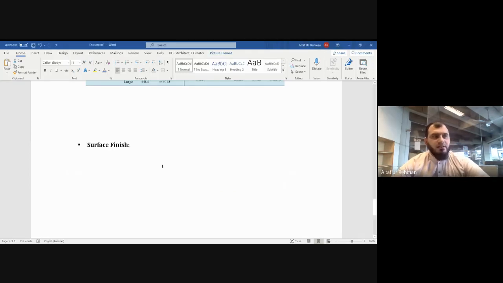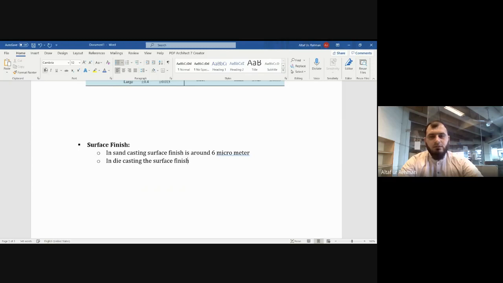For sand casting, the surface finish is around 6 micrometer, while in die casting the surface finish is around 1 micrometer.